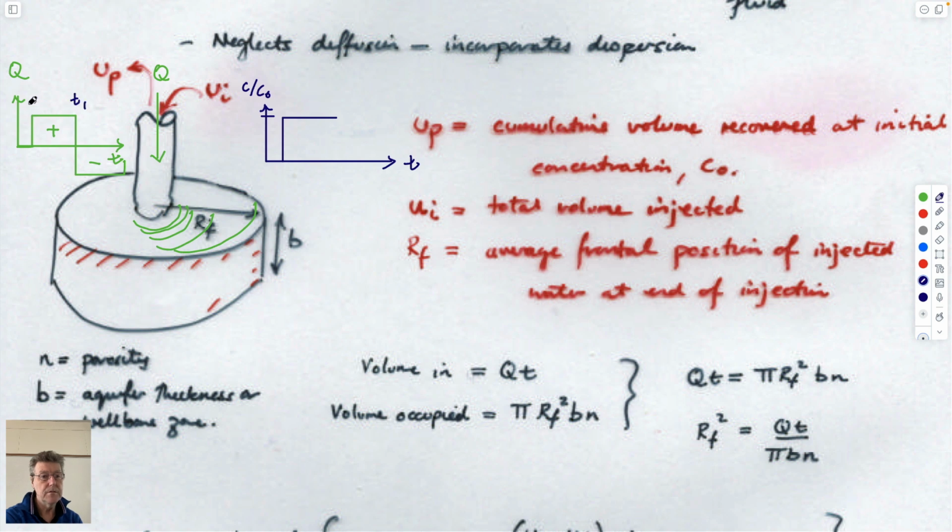This is T1, T2. So if you then stop pumping, so this is then T1, T0, and you can only measure the behavior at the well bore. So you're measuring C over C0 and trying to figure out what it is.